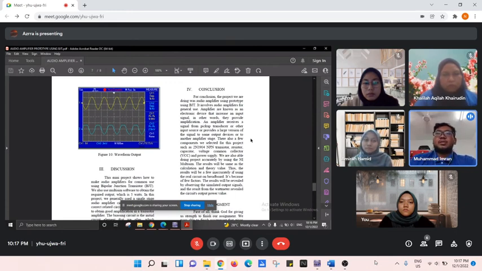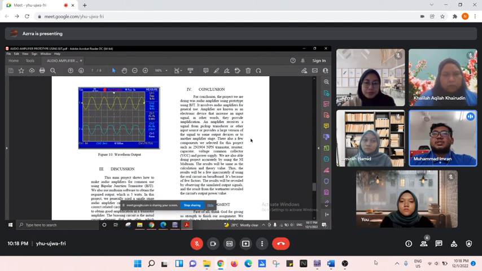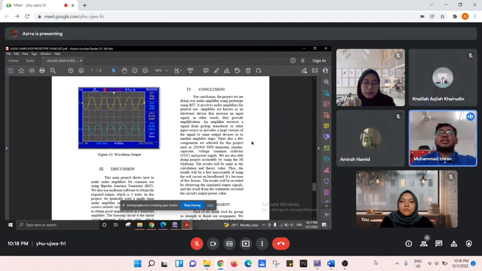There are also a few components that we use for this project, such as a 2N3904 NPN transistor, resistor, capacitor, VCC, and also a power supply. We were able to do this project accurately by using NI Multisim. The result will be the same or almost the same as the calculation and theory value.